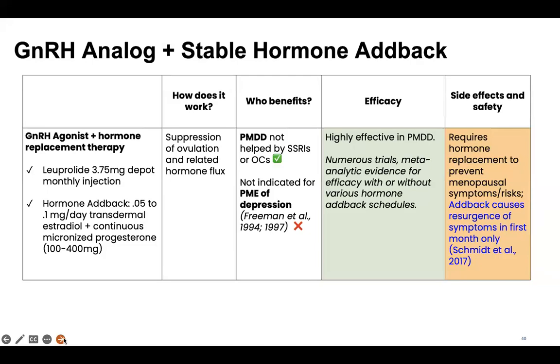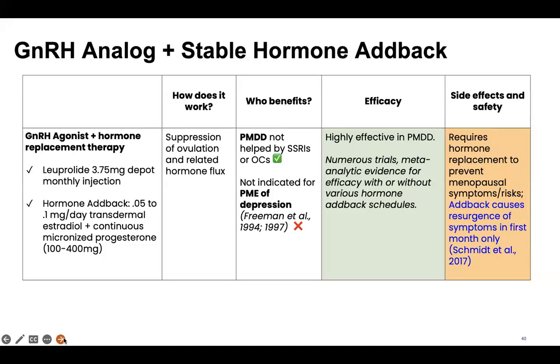Plus, you'll also do a hormone add-back. This is typically 0.05 to 1 milligram a day of transdermal estradiol, it can be a pill, plus continuous micronized progesterone, anywhere from 100 to 400 milligrams.